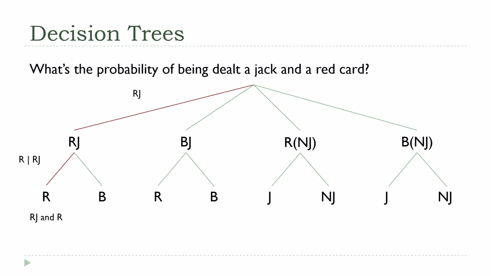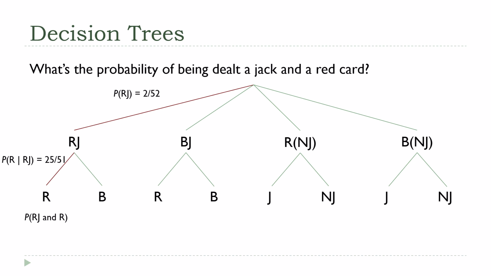Okay, so let's replace these with probabilities. The probability of being dealt a red jack is 2 out of 52. The probability of being dealt a red card, given that the first card was a red jack: normally there's 26 red cards, now it's down to 25. So this is going to be 25 out of 51. And we know what this bottom probability is.